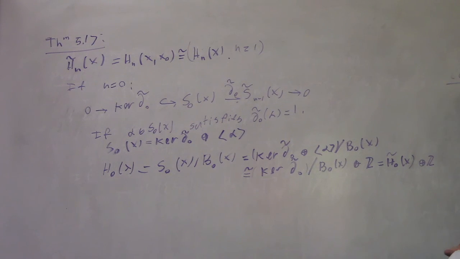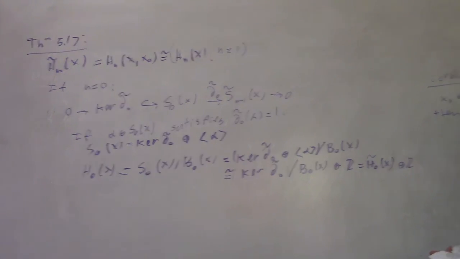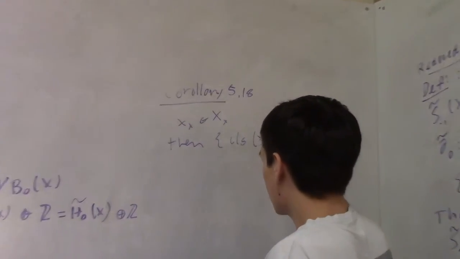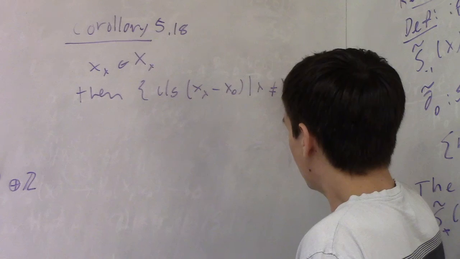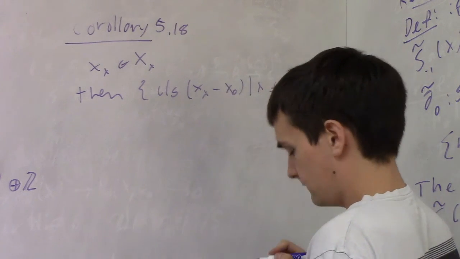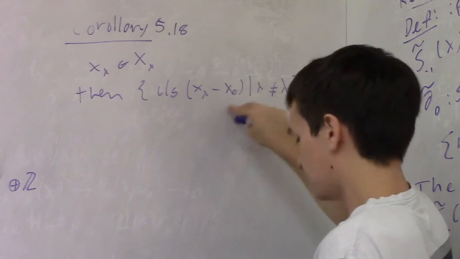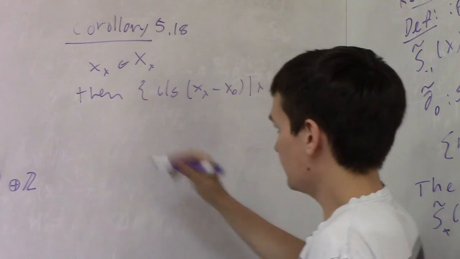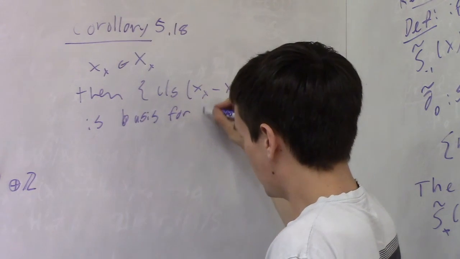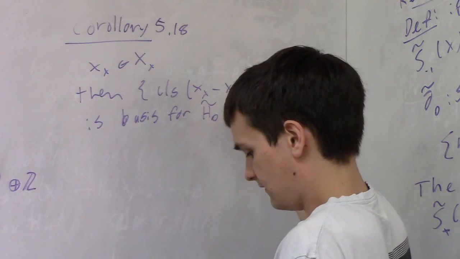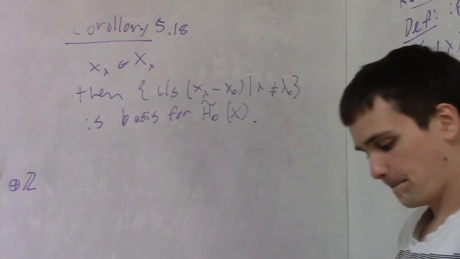So if we have a choice of points x sub lambda in each of the path components, then the classes of x sub lambda minus x naught, where x naught is the base point, with lambda not equal to lambda naught, which is the path component of x naught, is a basis for H tilde naught of X.